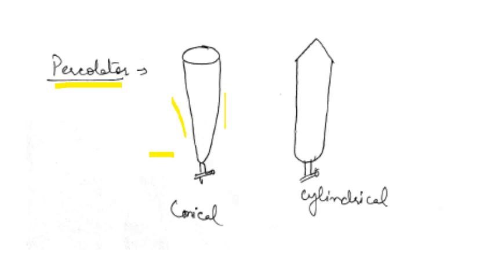It can be of conical shape, and it can also be of cylindrical shape. So here you are able to see the cylindrical percolator also. It is a cone shaped vessel which is open at both the ends, used to perform the method of the percolation.